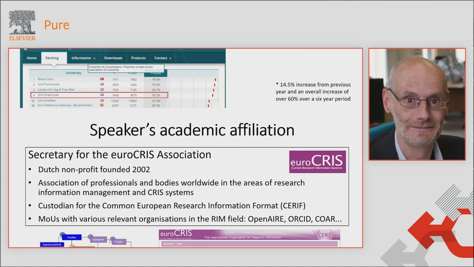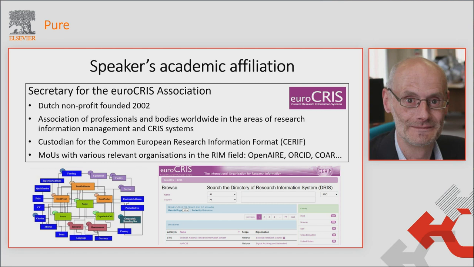Next slide, please. My other affiliation, as mentioned, is technical secretary for the non-profit CRIS Association, which was founded in 2002 and is based in Nijmegen in the Netherlands. It's basically a community of professionals and bodies, funders, national offices for research information management that share an activity in the area of RIM, research information management, and CRIS systems.